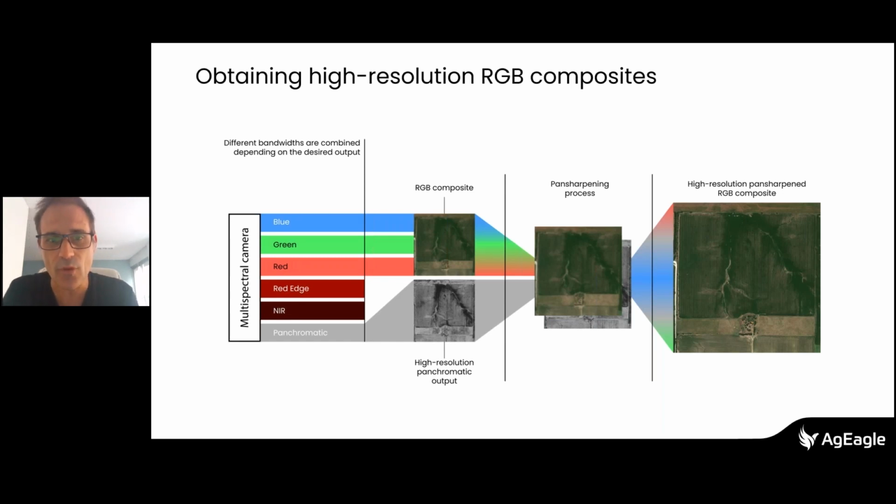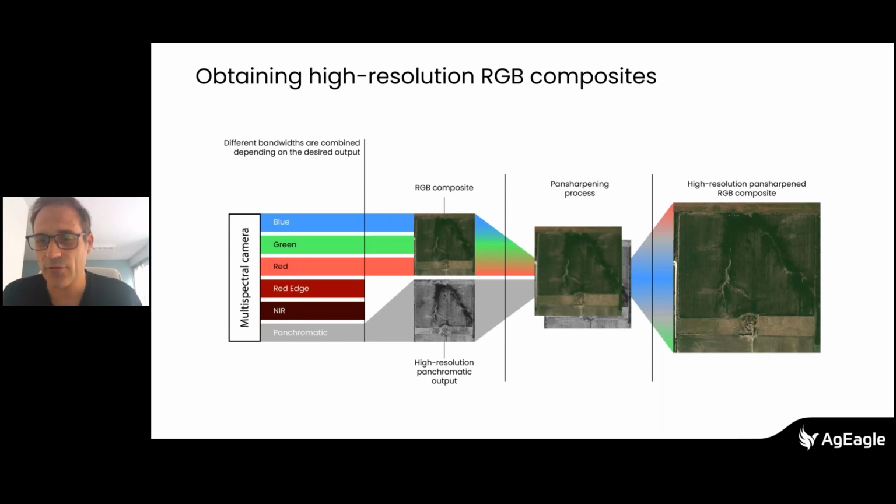And secondly, if you also do the pansharpening process, you can get the same resolution as with an RGB image, not only in terms of pixel size, but on top of that, with a much higher contrast.